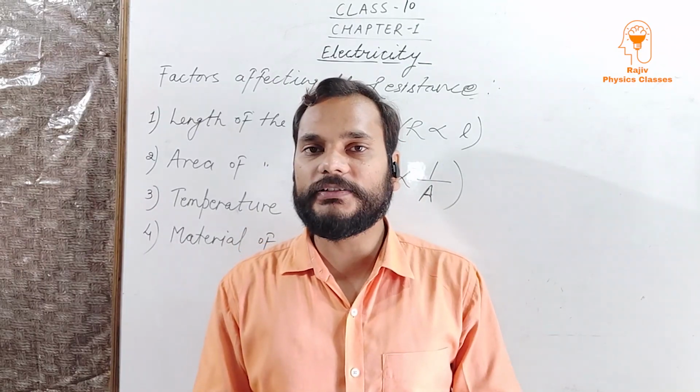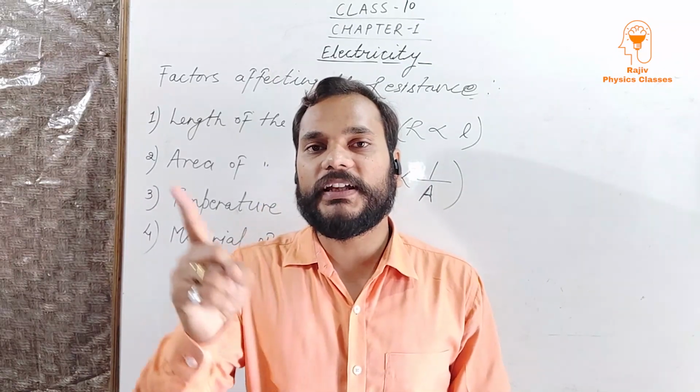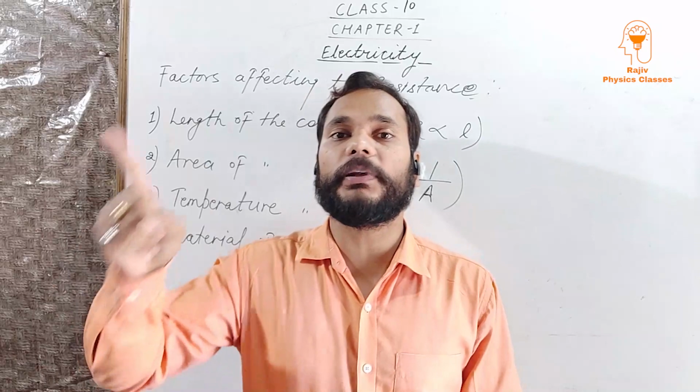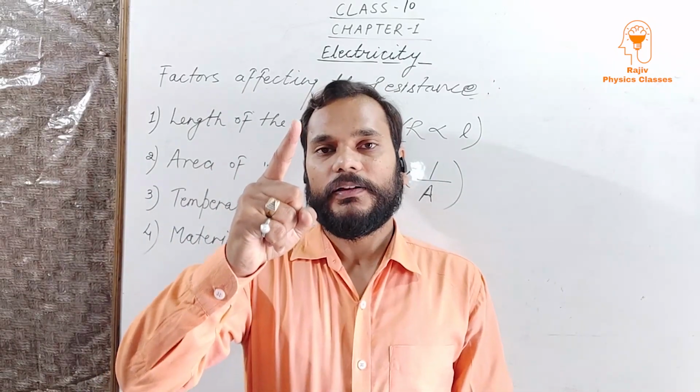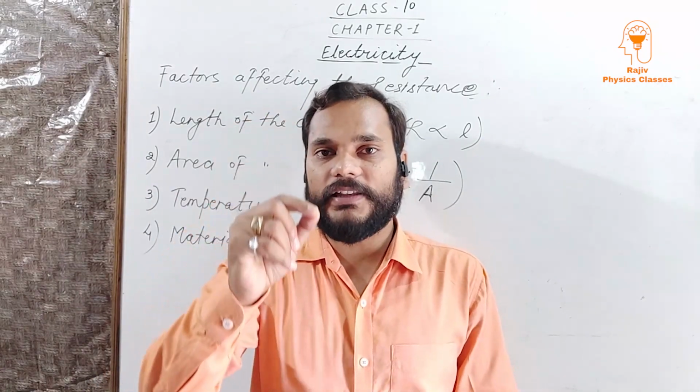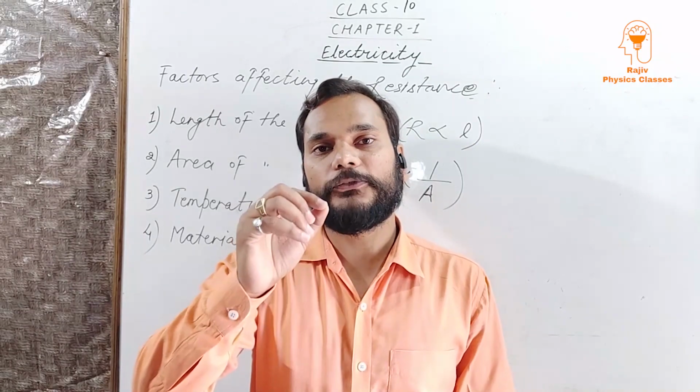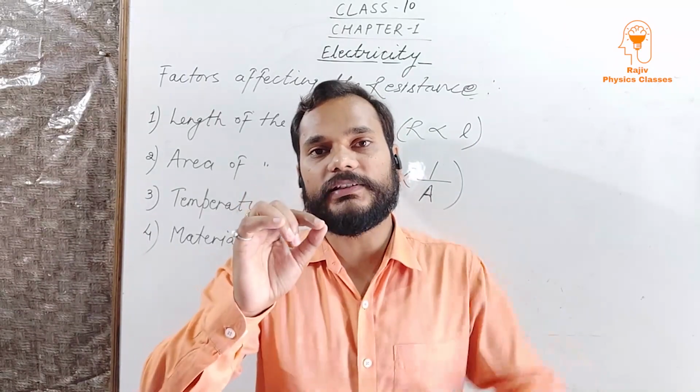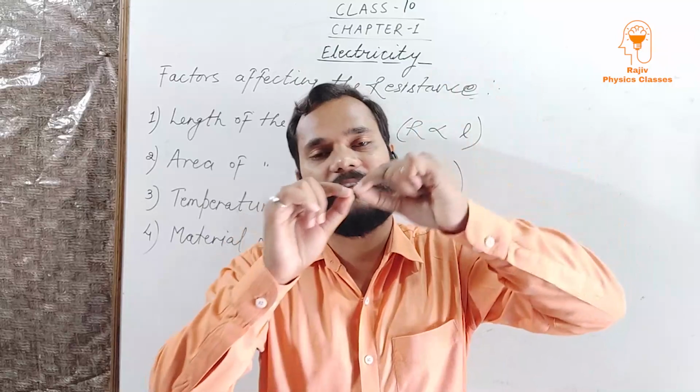What are free electrons? The electrons present in the outermost orbit of an atom, which are least connected with the nucleus. That means the force between the nucleus and that electron is least.